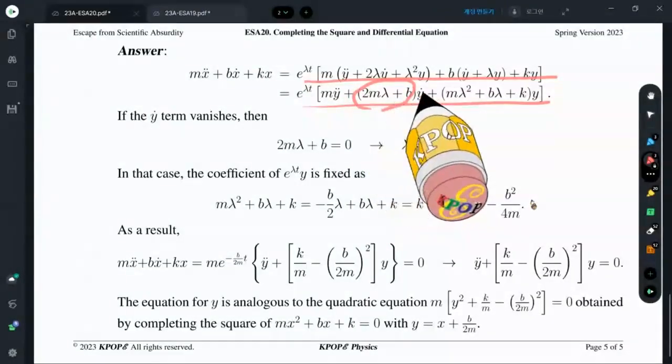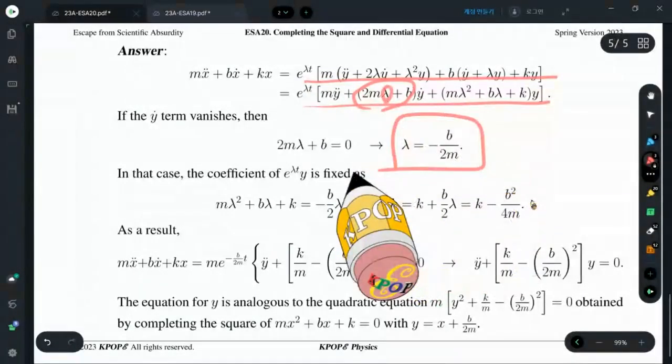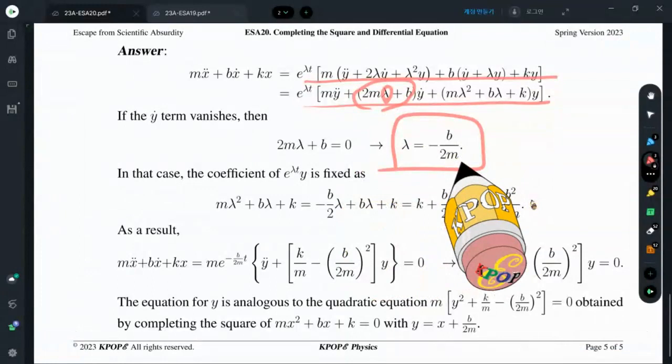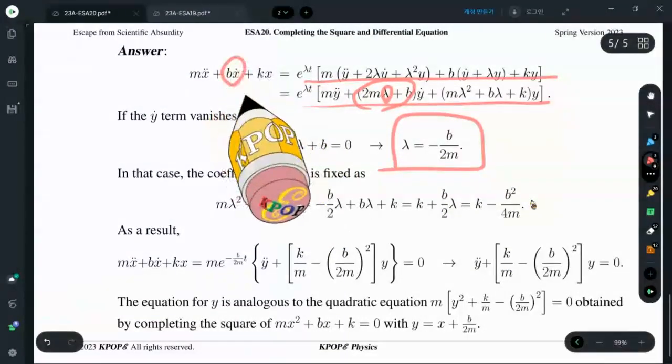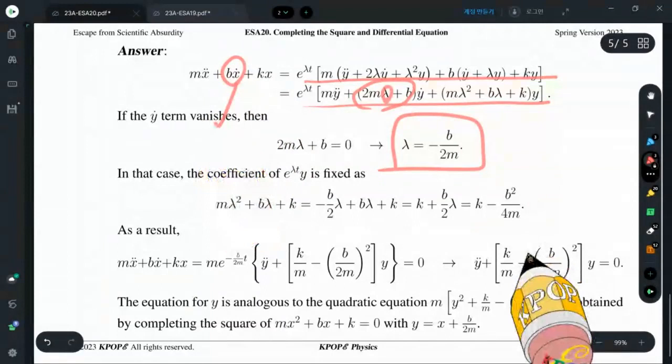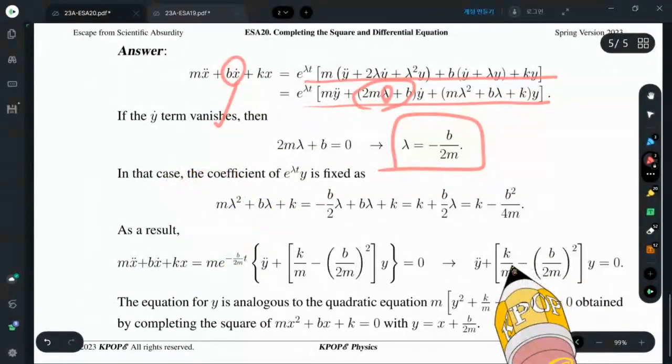You can remove the first order term by choosing lambda with this value. It looks complicated, but just like completing the square, you have removed this dirty term. You don't need it anymore.